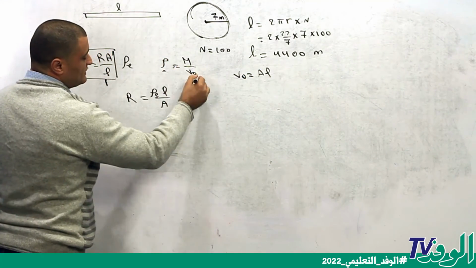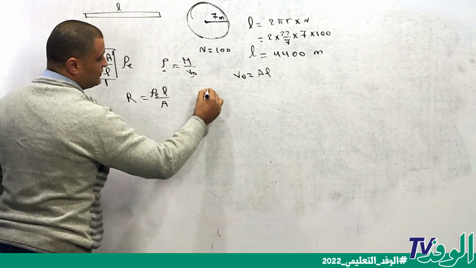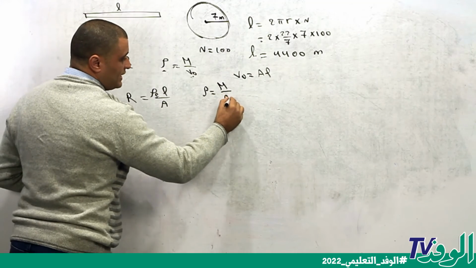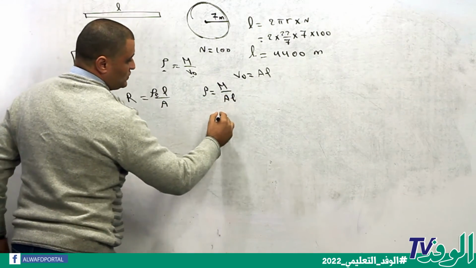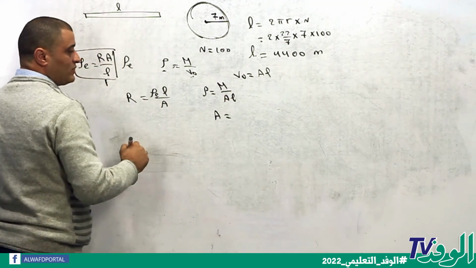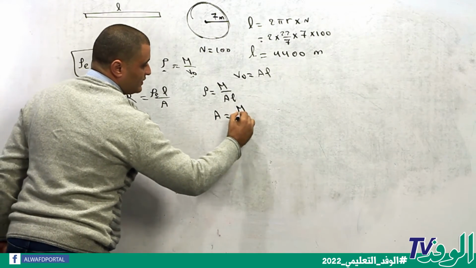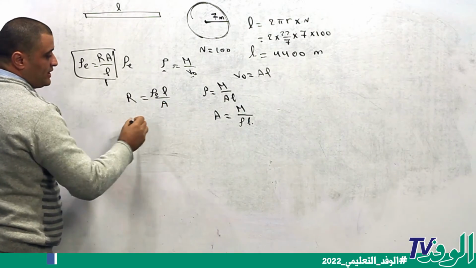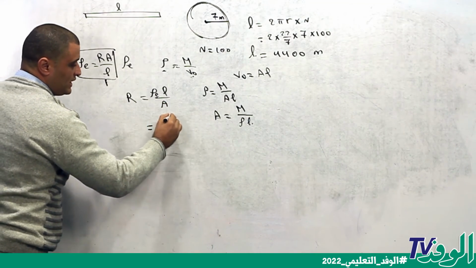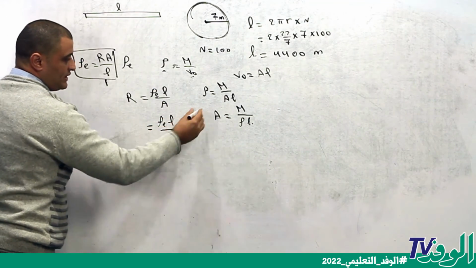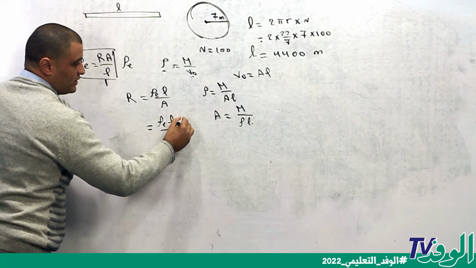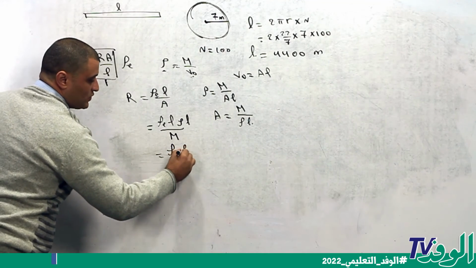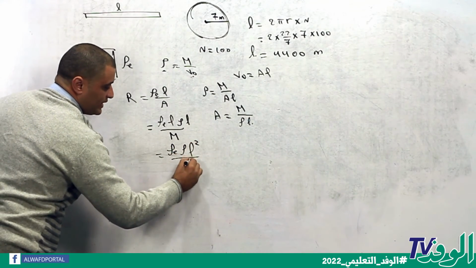So we can substitute rho equals mass over area L. So area will equal mass divided by rho L. By substituting in the main law, rho e L divided by area, M over rho L. So finally we have rho e rho L power 2 over M.